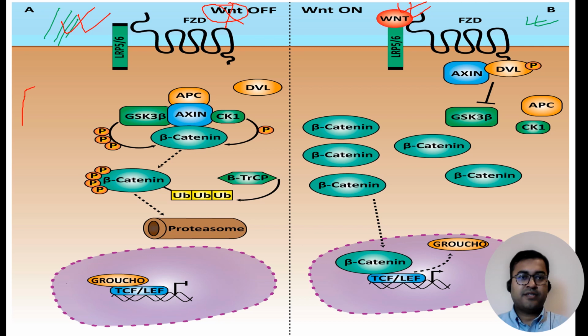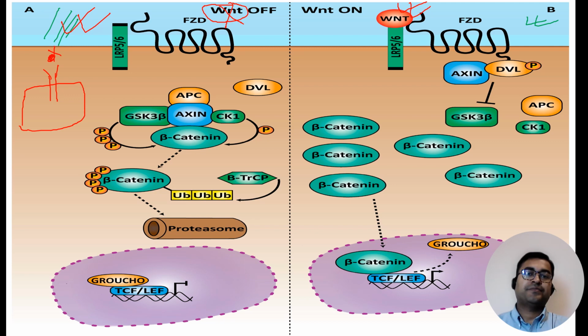If this is the cell, this cell has one receptor here, and this is the ligand which is going to interact. Now when there is no ligand, there is no Wnt in this case.